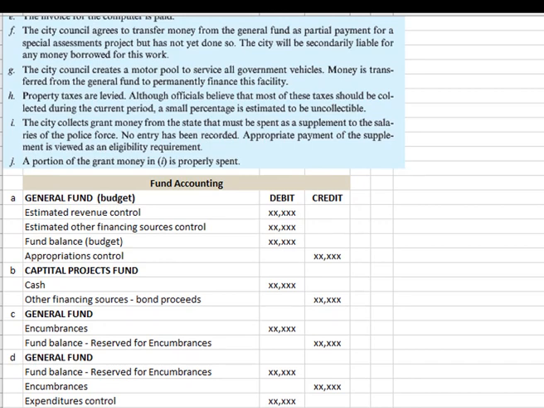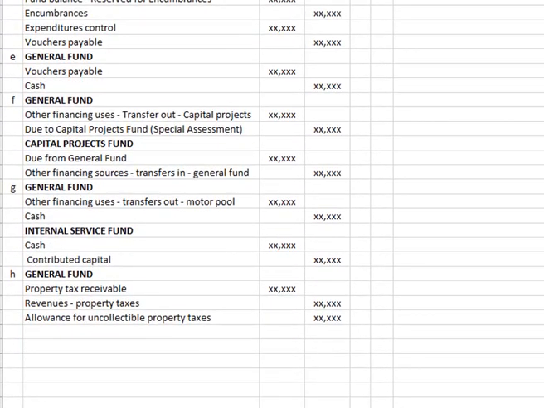Okay, here we are with H. We've got some property taxes that are levied. We don't know how much will be collected, but a small percentage is estimated to be uncollectible. All right, let's set that up. You may remember in the prior class activity that when we sent out the tax bills, we had an amount that we thought might not be collectible, and we set that up in this allowance for uncollectible property taxes.